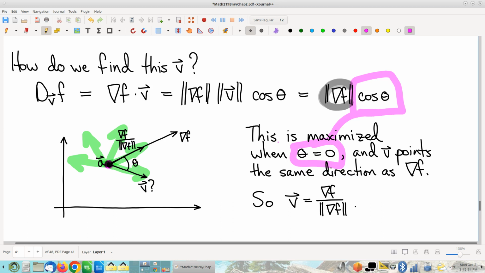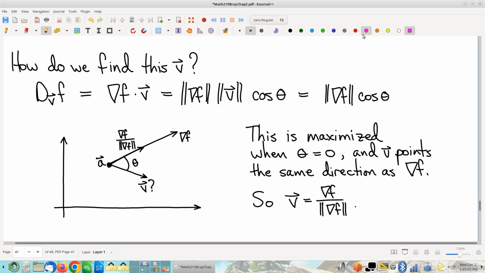Okay, so that means that my picture is actually a little bit off here. Keep in mind we've got the gradient dot my unit vector v, and this theta here is the angle between them, but we just agreed that theta has to be 0.